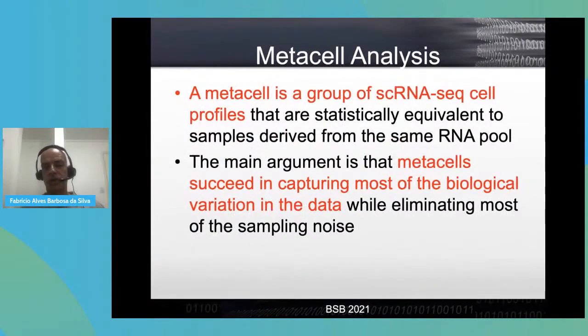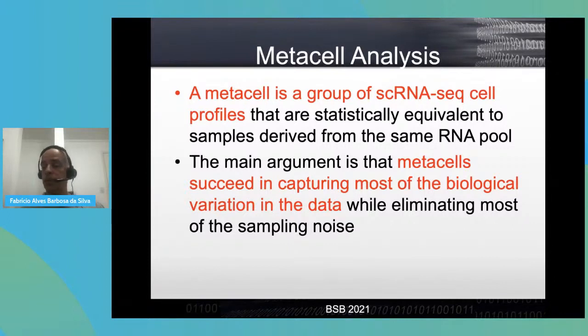So I'll talk a little bit in more detail here in this presentation about the MetaCell analysis. So what is a MetaCell? A MetaCell is a group of similar single-cell RNA-seq profiles, similar transcriptional profiles that are statistically equivalent to samples derived from the same RNA pool.